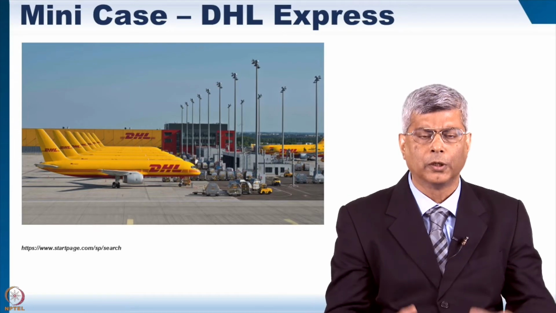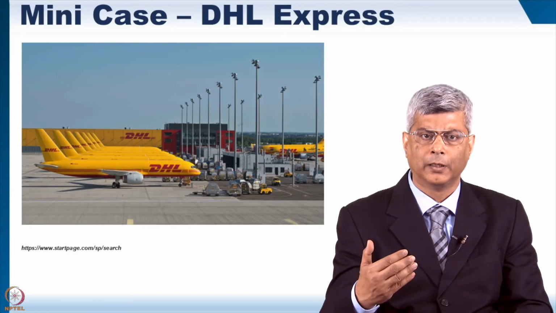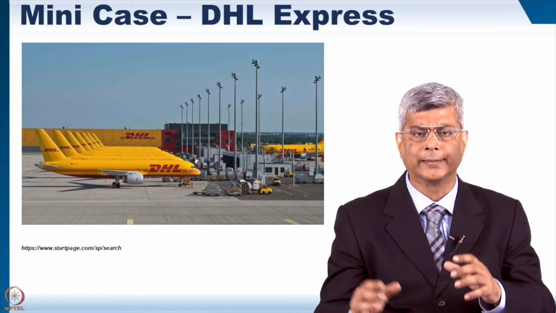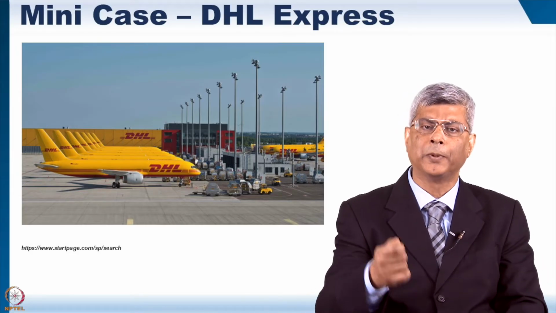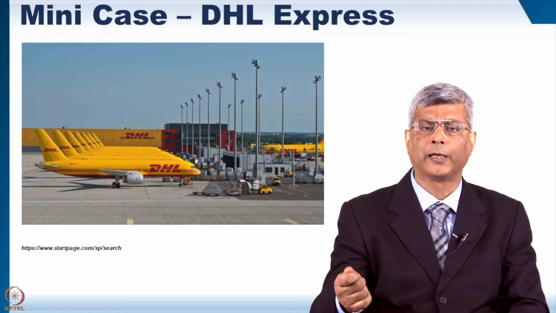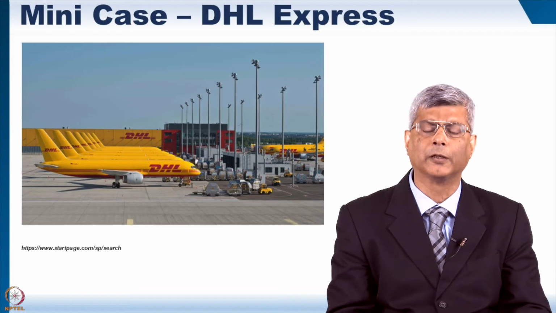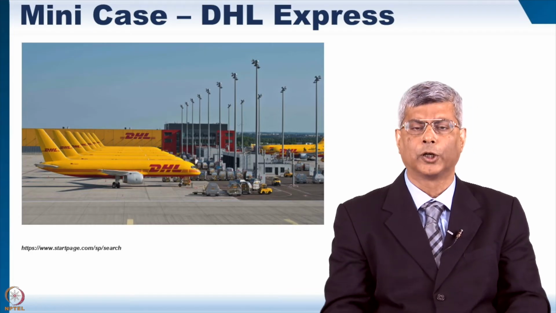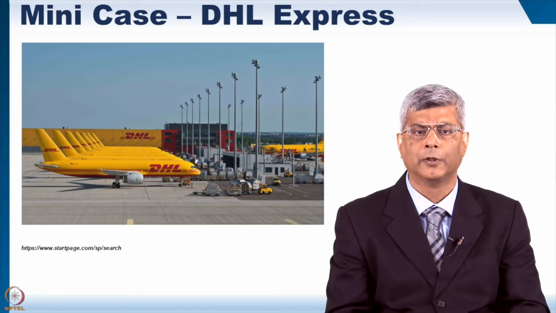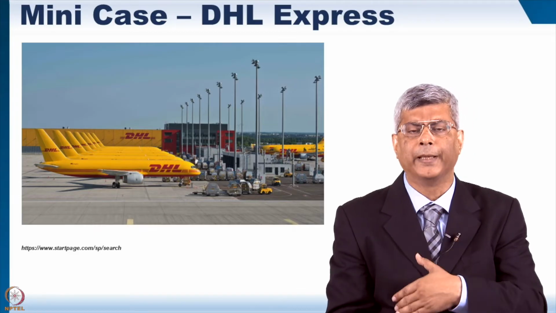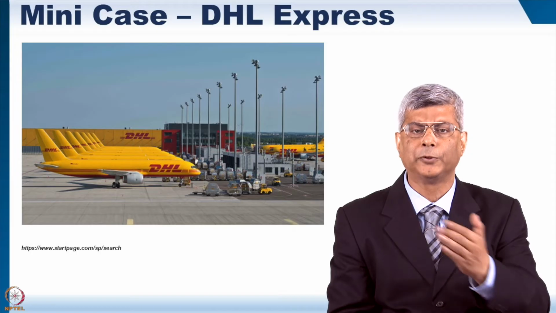So the core of service delivery of DHL Express is a fleet of vehicles. It could be planes, because remember, you could be shipping a product. It could be a visa application, some document, or a trade document, or a small parcel, a gift from, let's say, Mumbai to Delhi, or Delhi to Chennai.